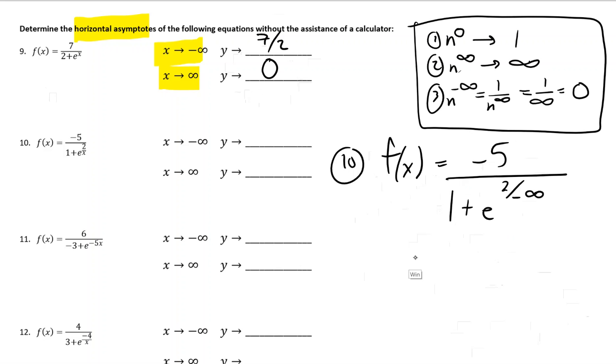So for this one, we really probably should do this step first. 2 divided by a number that goes to infinity, this fraction would go to 0. I guess one's positive and one's negative, so technically this would be negative 0, but negative 0 and positive 0 are the same thing, so that doesn't really matter.